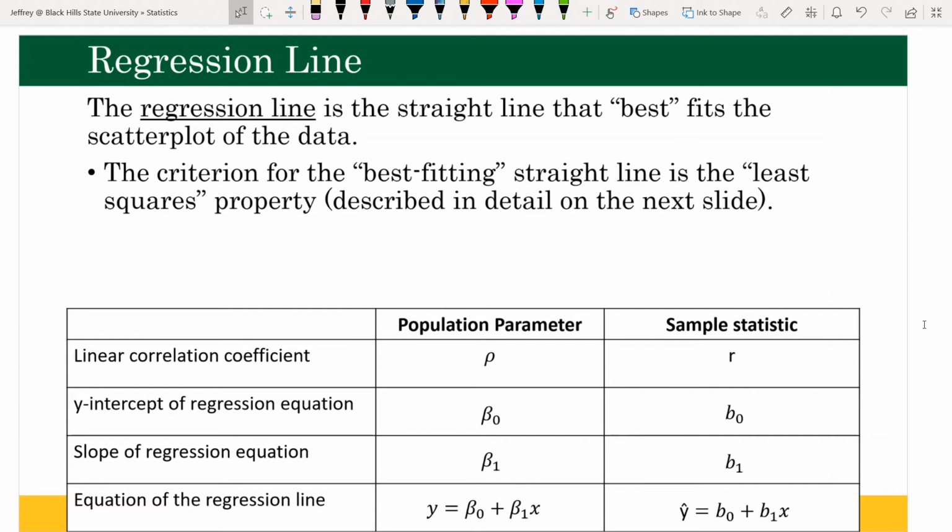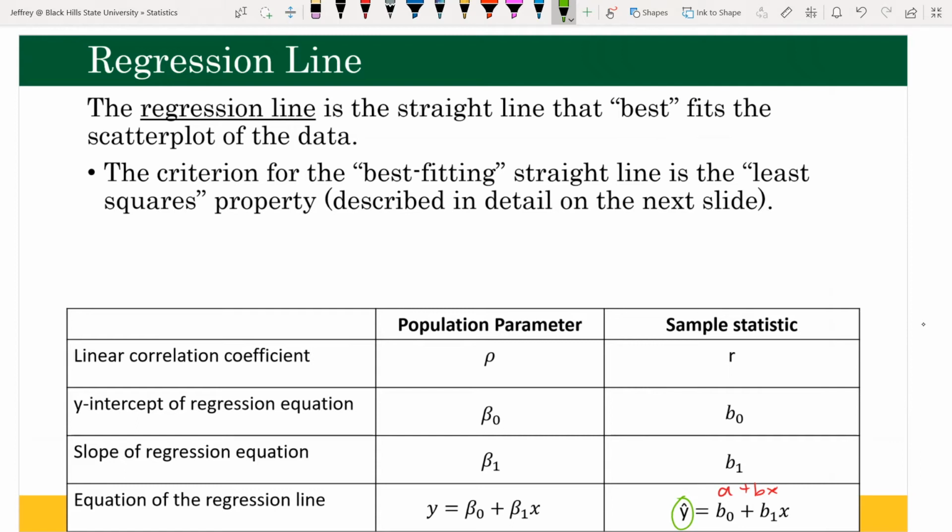One thing to note is that in Excel, we will use a plus bx instead of b0 plus b1. Another thing to note is that we are using y hat. This is not referring to the proportion in any way. We use y hat to say that this is the line that best fits our sample data, and we hope that we can use that to predict the true line for the entire population.